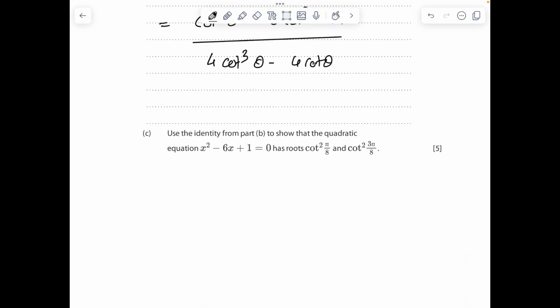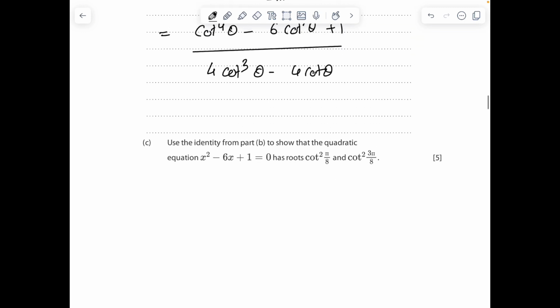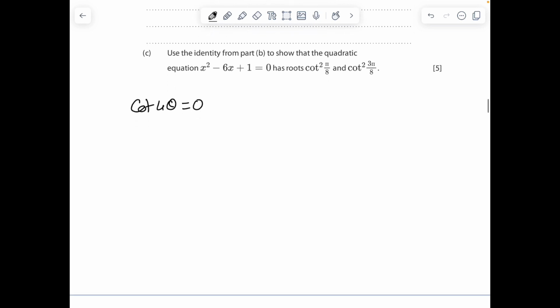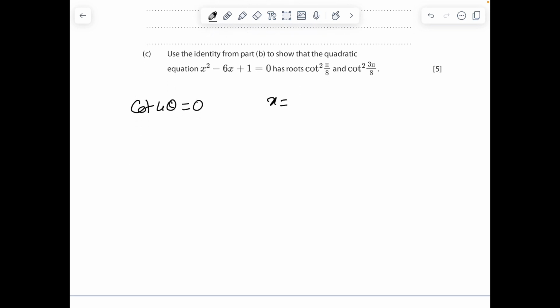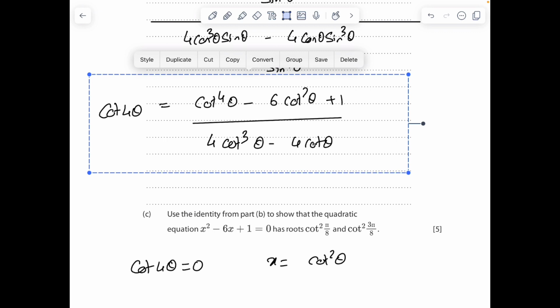Use the identity from part B to show that the quadratic equation has these roots. So what is that? Setting it up, we take cot 4 theta equals to 0, and let x equals to cot square theta. So this one we have done.